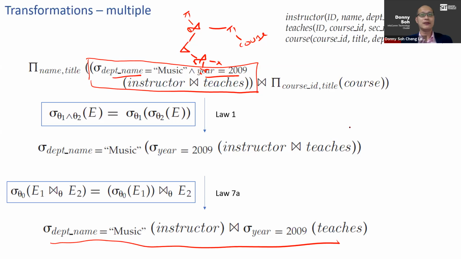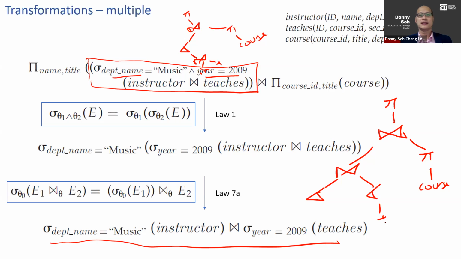What we will have is this pi directly with a join, and this goes into a pi and course, and this goes into a join with a sigma and a teach and instructor. Okay.